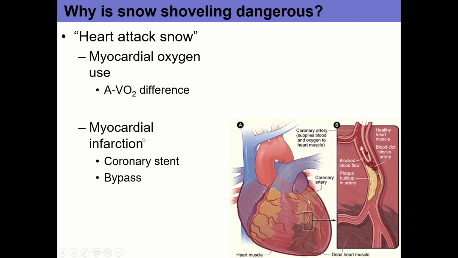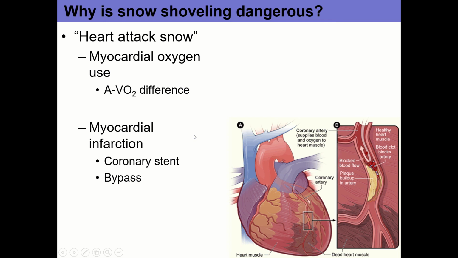So that's why shoveling snow is dangerous, because the only way to get more oxygen to the myocardium is by increasing blood flow. Can't really expand the AVO2 difference much. So the technical name for a heart attack is a myocardial infarction.